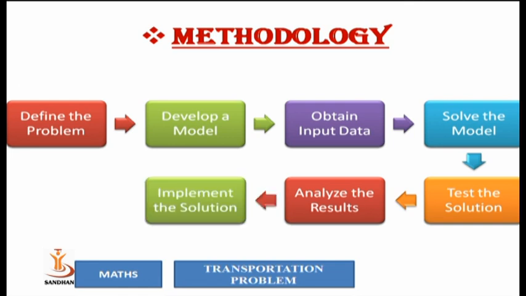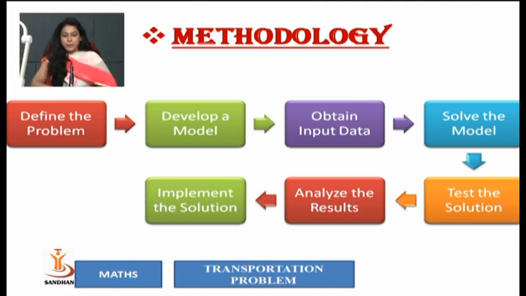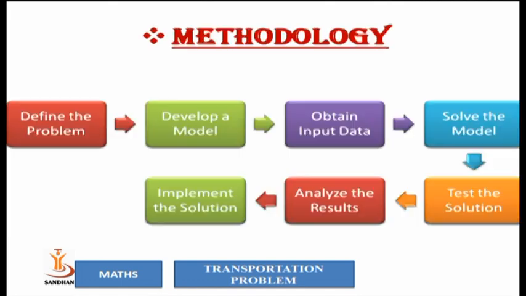The next step is to actually implement the solution for the current problem. So these are the phases of the study of operations management for any case that we are trying to solve.